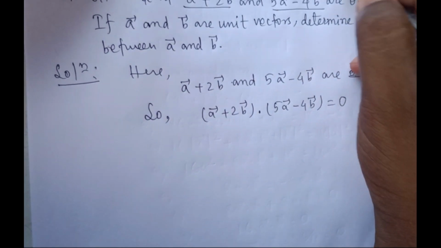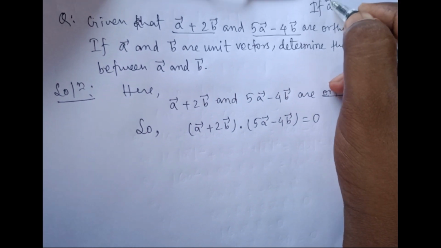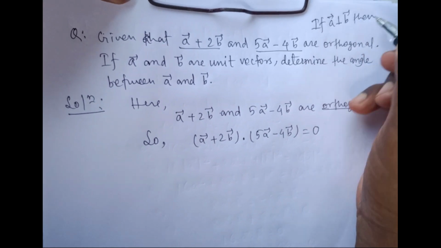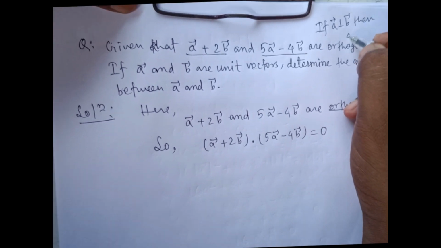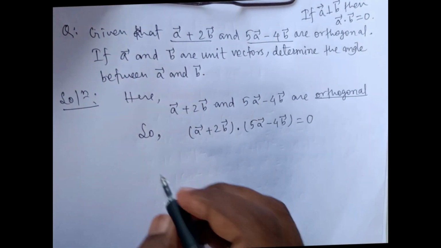that if vector a is perpendicular to vector b, then a·b = 0 and vice versa.